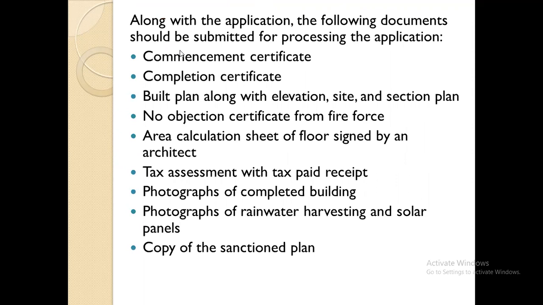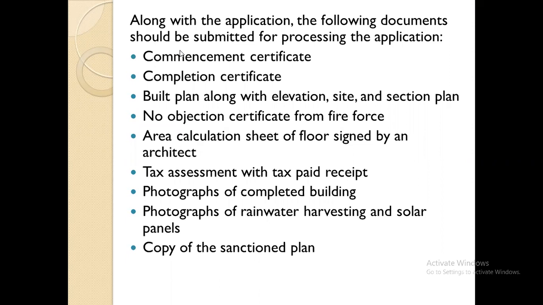That commencement certificate is issued before the start of the construction work, means at the time of building permission you get the commencement certificate. A copy of that commencement certificate you have to attach with the application form.